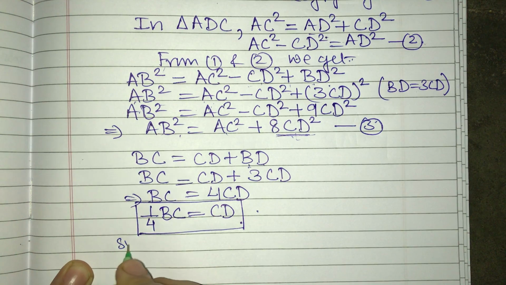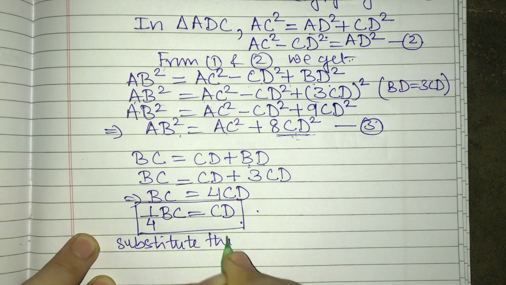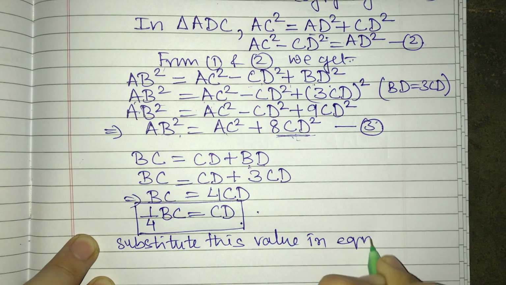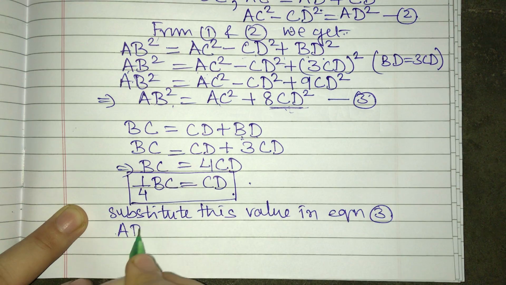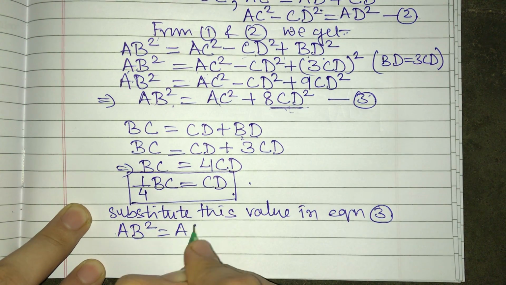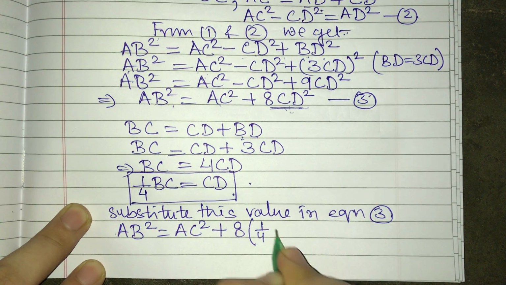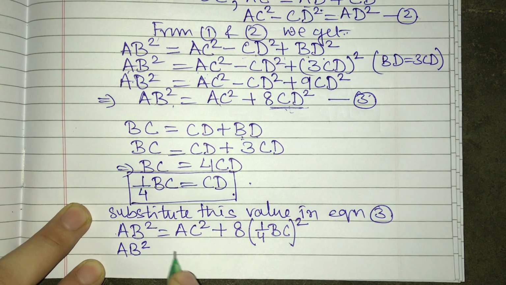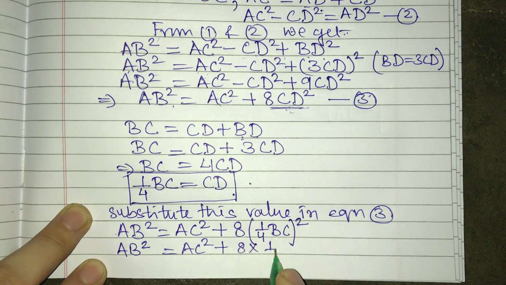So substitute this value in equation 3. We get AB square equals AC square plus 8 into 1 by 4 BC whole square. So this will become AB square equals AC square plus 8 into 1 by 16 BC square.